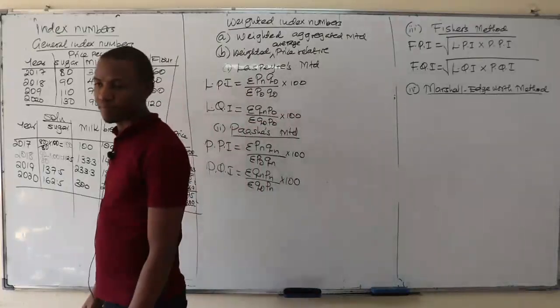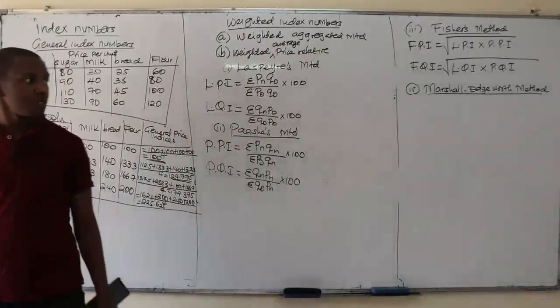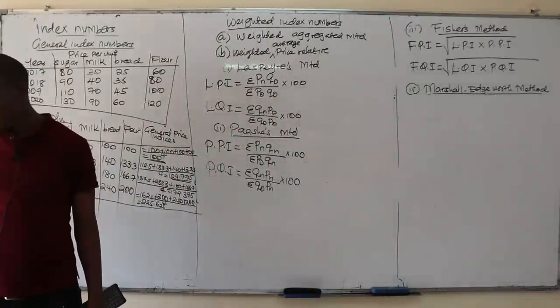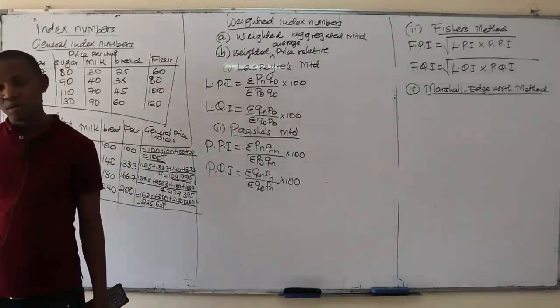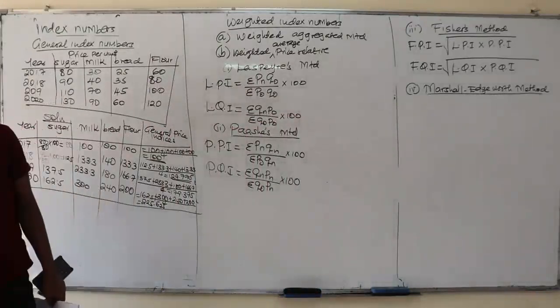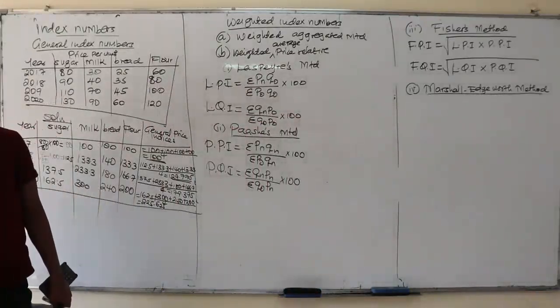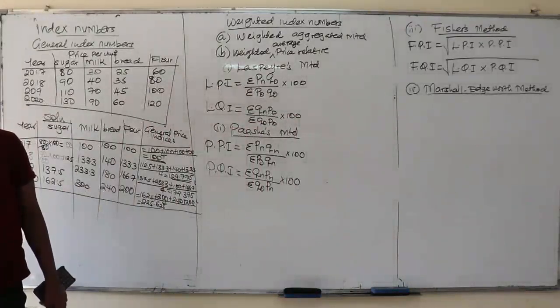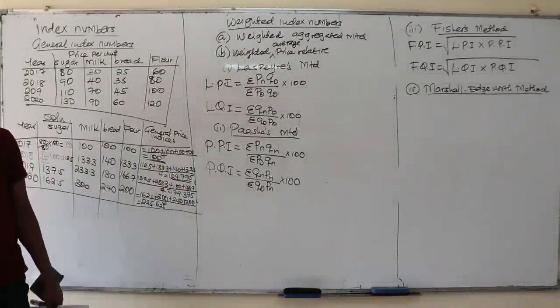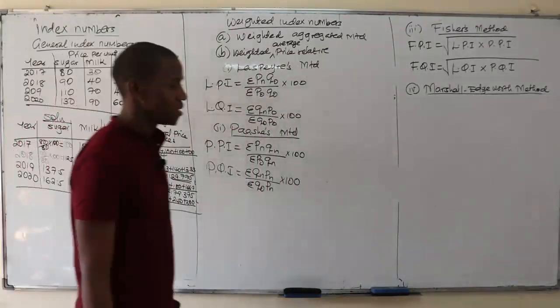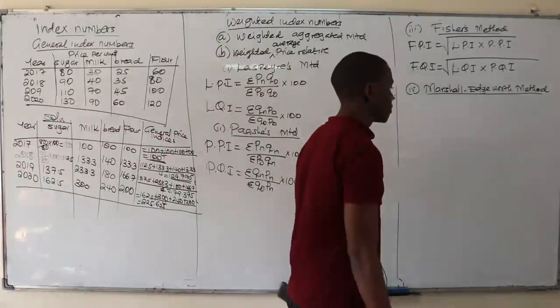Say this method considers both the base year's values and the current year's values as weights.